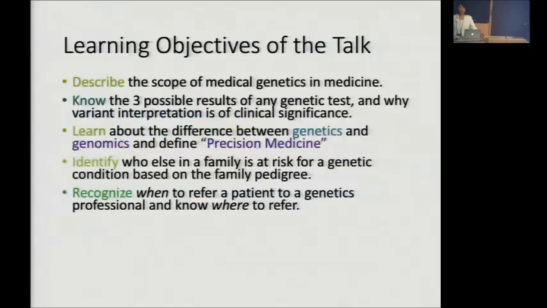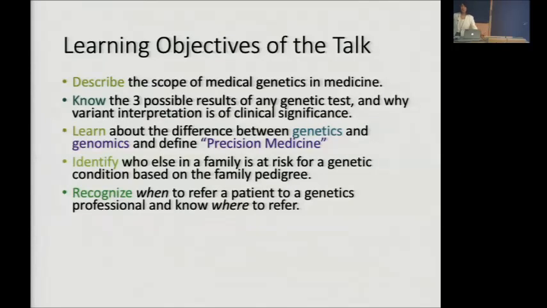If you need to have learning objectives for the talk for CME, this is what they are. Basically today I'm going to talk broadly about the scope of medical genetics as it applies to medicine. I hope by the end of it you will learn what the 3 possible results of any genetic test are and why variant interpretation is clinically important today.